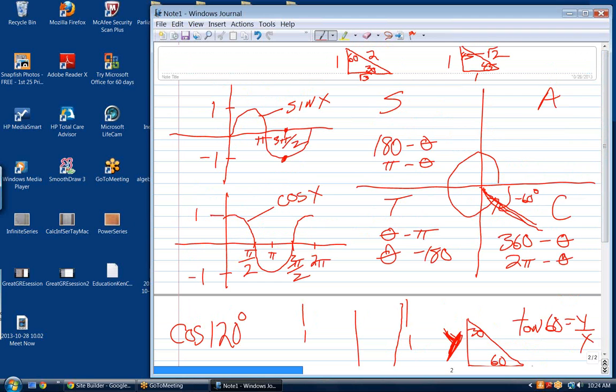Pi over 3? No. Remember, the trig functions are always a ratio of a number over another number. Pi only comes into it when it's in radians. Yeah, but doesn't the cosine of 60 is pi over 3, right? Yes, sorry. And then okay, I got it. So you prefer to convert it to radians.